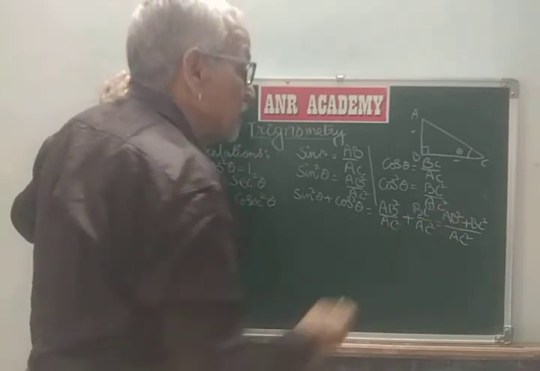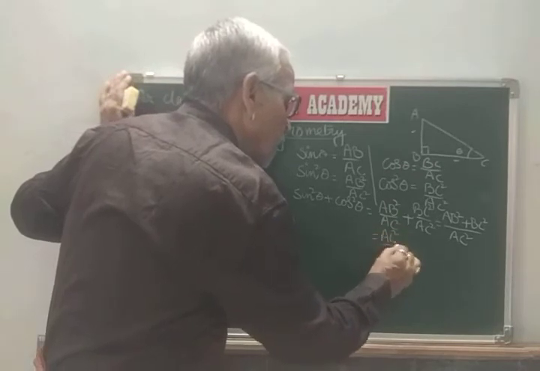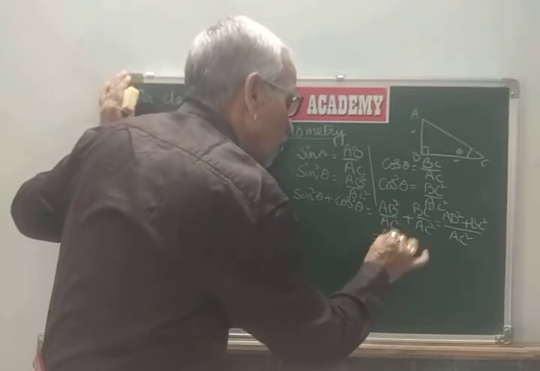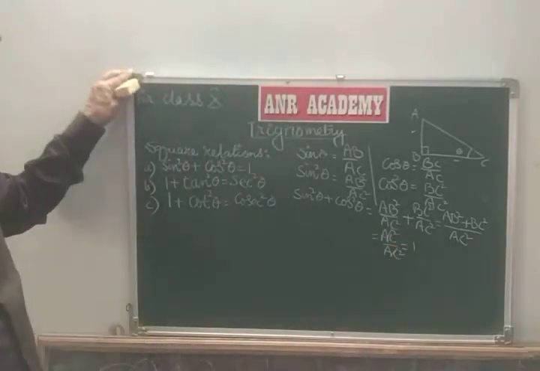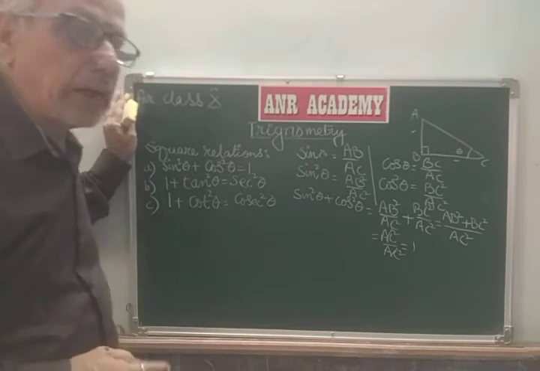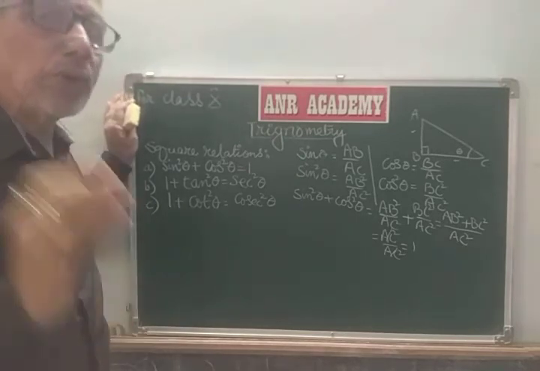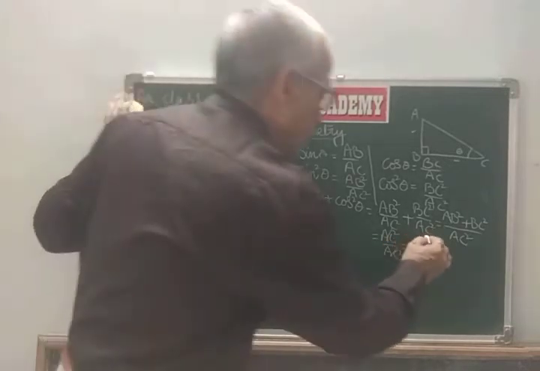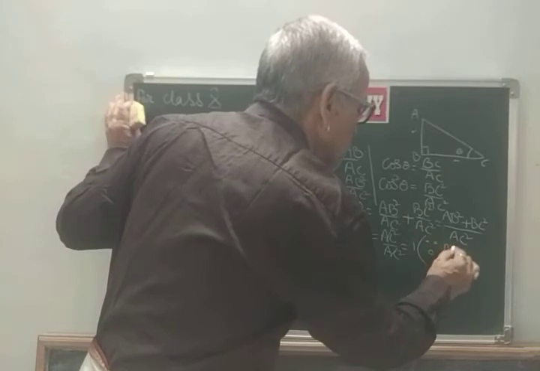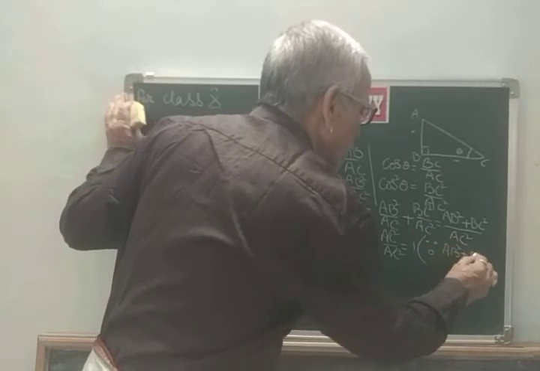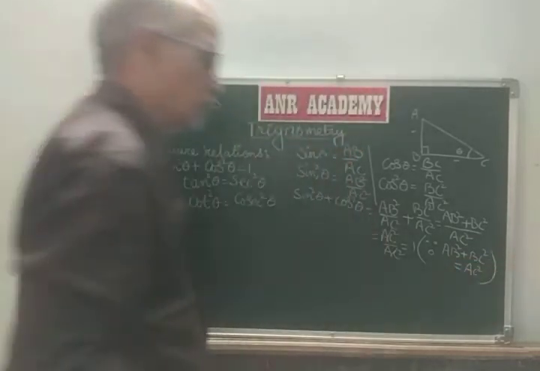So AC square by AC square cancels and you get 1. In any right angle triangle, base square plus altitude square is equal to hypotenuse square, because AB square plus BC square is equal to AC square.